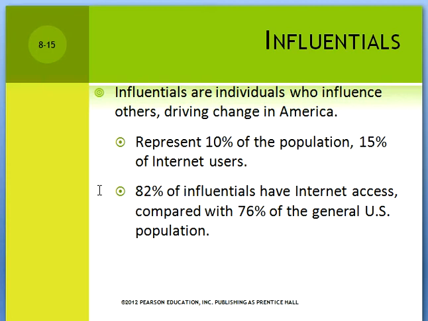They'll tell the others too. They represent 10% of the population and about 15% of the internet users. So once they are online and they like certain products and services, then they can spread the word, as we said. 82% of the influentials have internet access compared to 76% of the general US population.